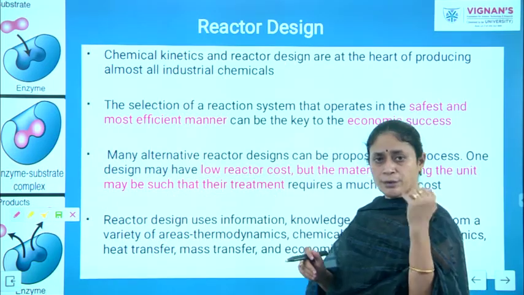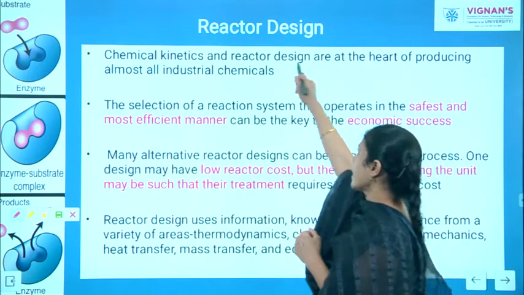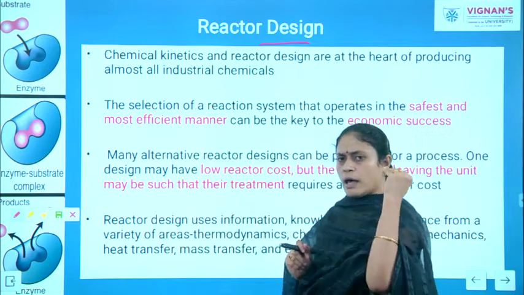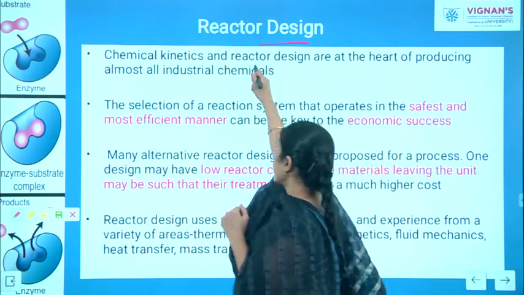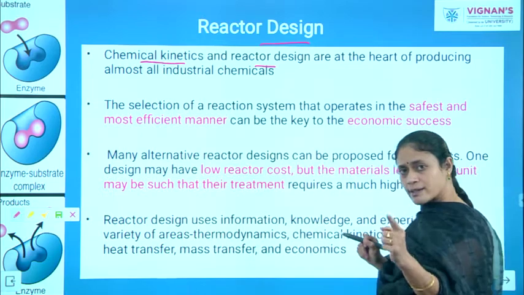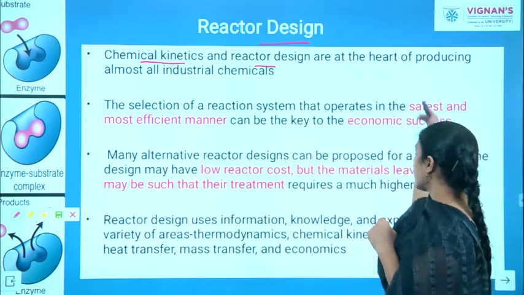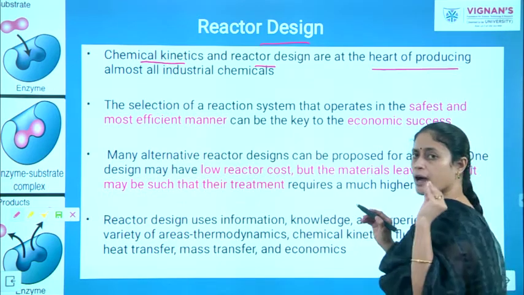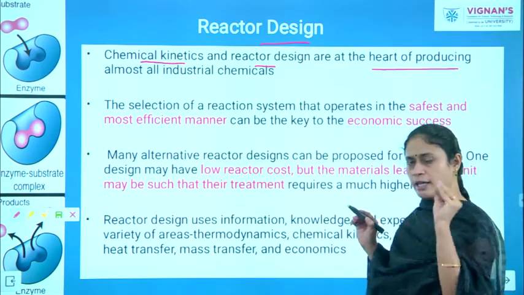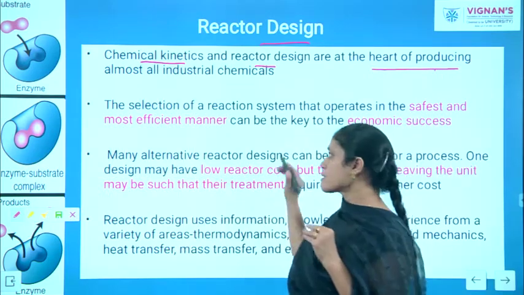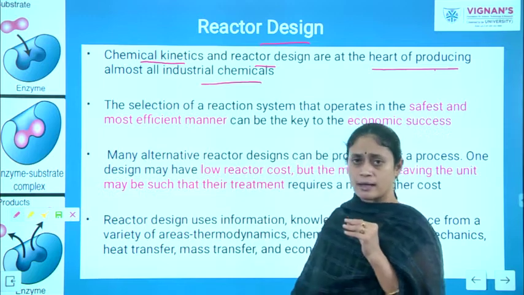Now we need to discuss reactor designs. This reactor design as well as your chemical kinetics are very important. They play a key role during production of various important products at industrial scale.